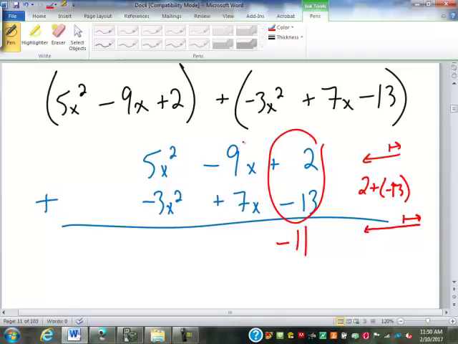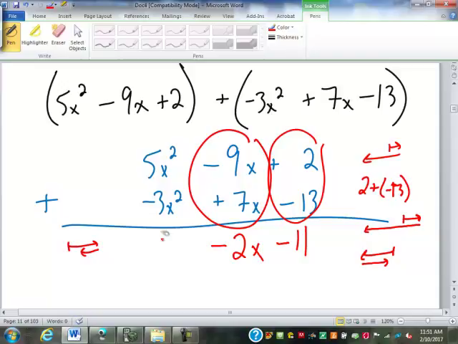Very good. Negative 9x plus 7x. So negative 9 plus 7 is going to end up at negative 2, and of course it's 2x. Now since those are both negative, I didn't have to put a symbol in because we already had the minus sign there. 5x squared plus negative 3x squared is, where do we end up at? 2x squared. Very good.